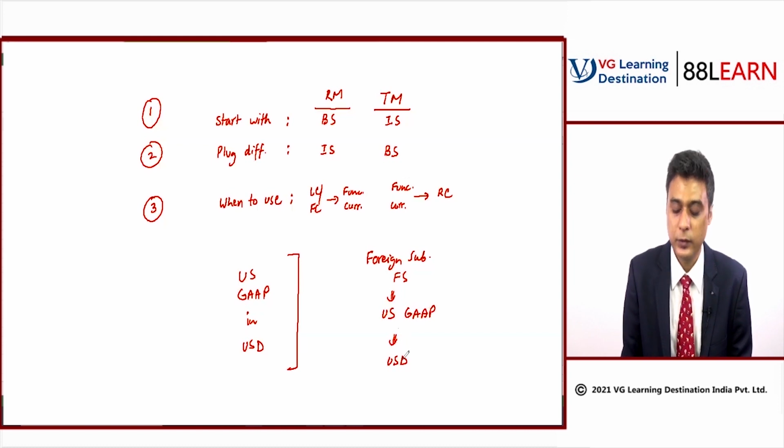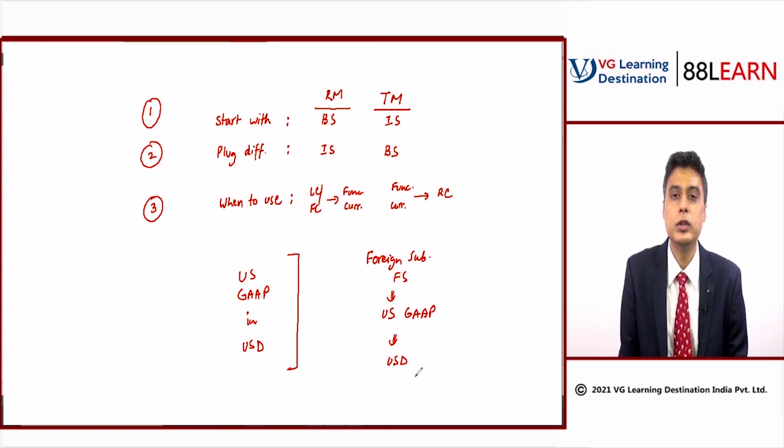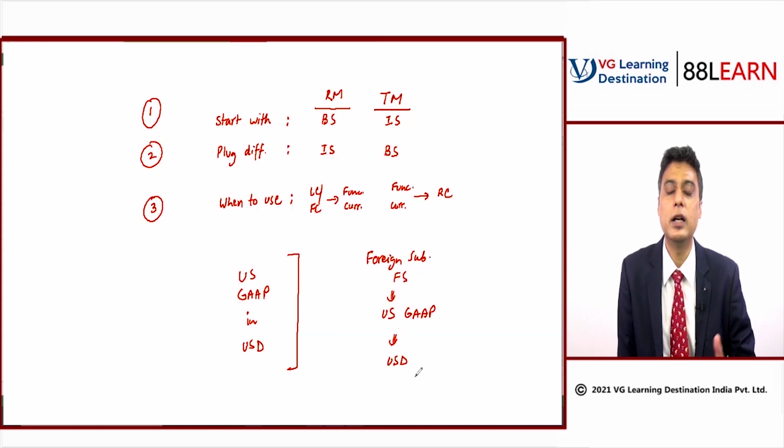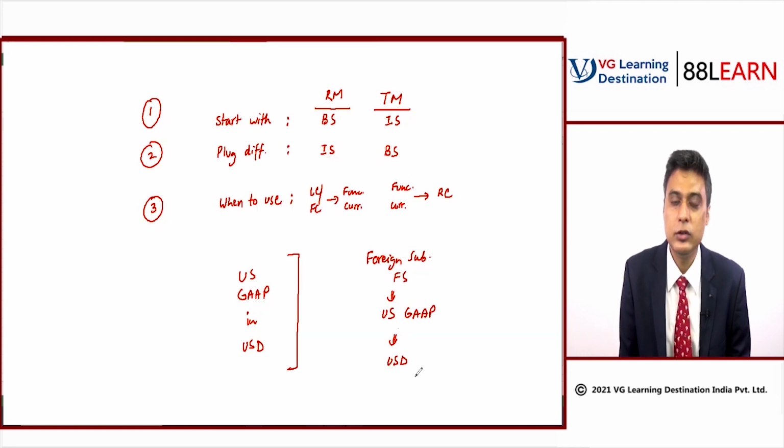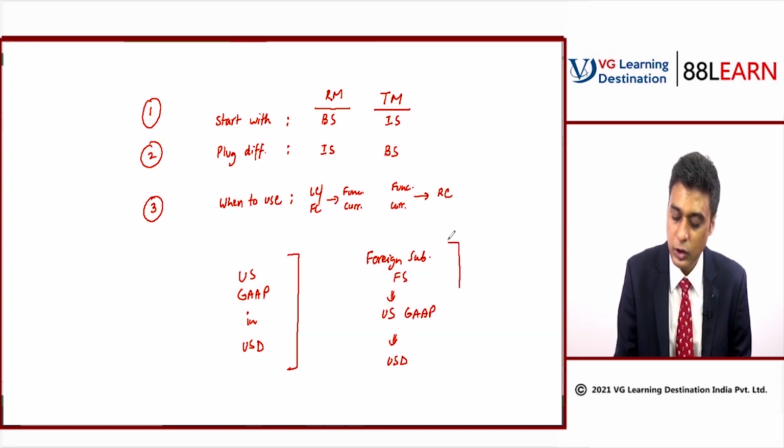To convert to US dollars, we saw that we have to follow the remeasurement method or the translation method depending on the functional currency of the foreign subsidiary. So in the India example, we saw that the functional currency is already INR. The local is also INR, the functional is already INR.